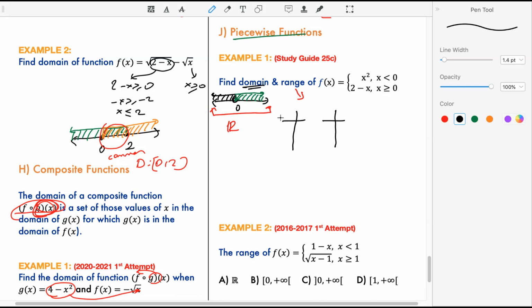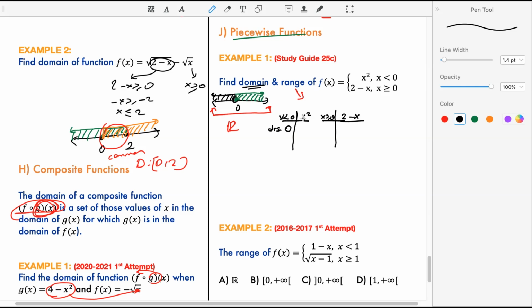One for the first one, x is less than 0, so function is x squared. The other one for the second one, x is greater than or equal to 0, when your function is 2 minus x. So give some values. X is less than 0. Start from 0. It's the boundary point, but this is excluded because it's less than. When x is 0, what's your y?